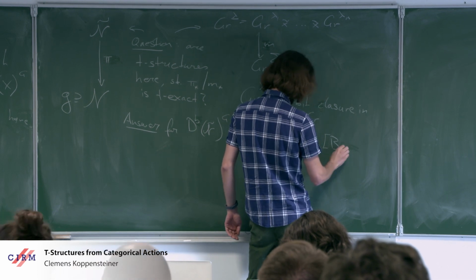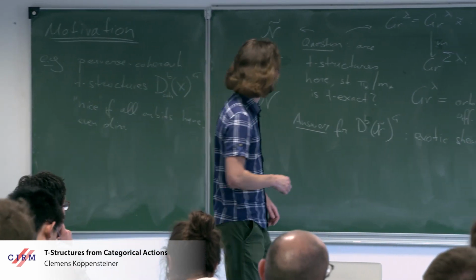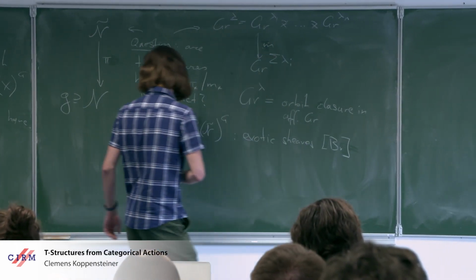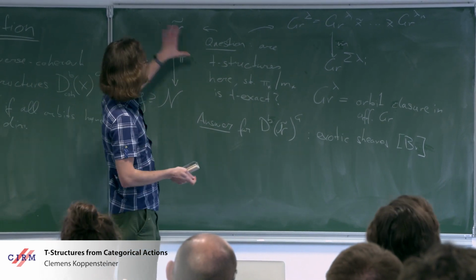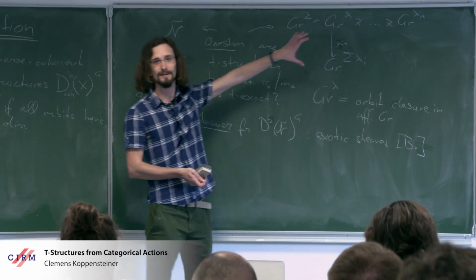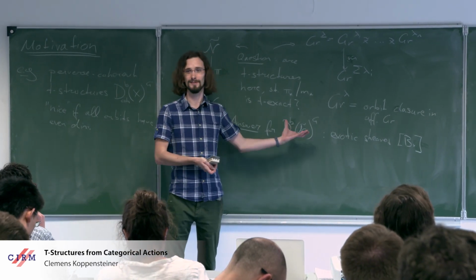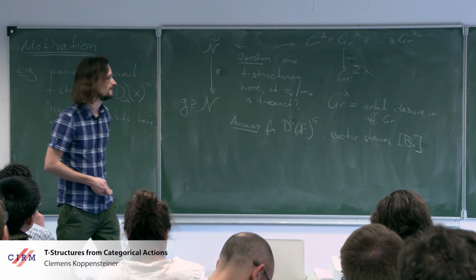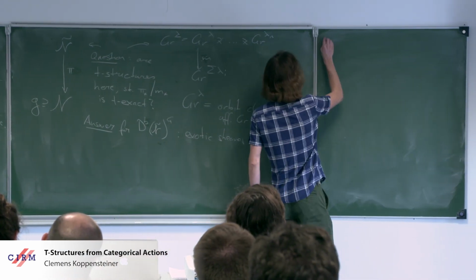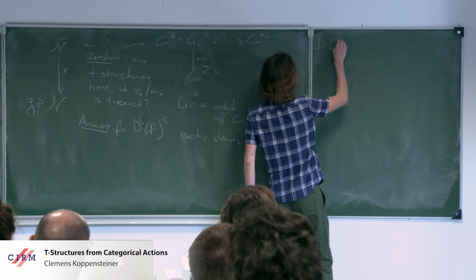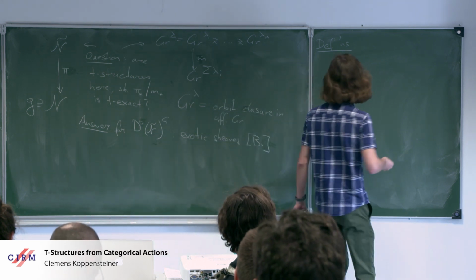I'm not going to write Bezrukavnikov all the time; B-dot will stand for Bezrukavnikov because he did a lot of work around these things. If you want to define some t-structures here, maybe a good place to start is trying to understand what Bezrukavnikov and other people did. So let me give you some definitions of exotic sheaves, and we'll see whether we can generalize something from these definitions.